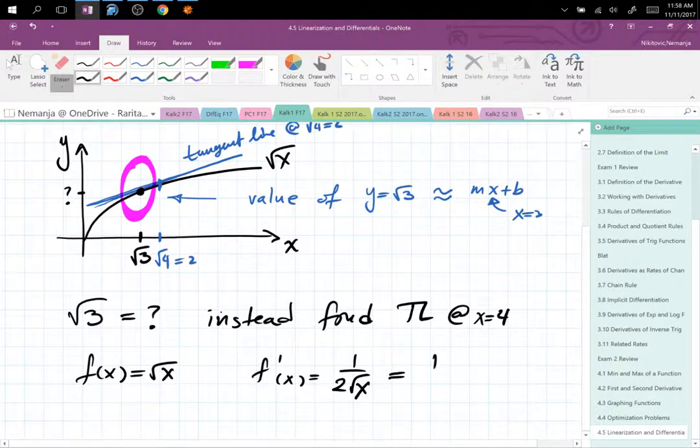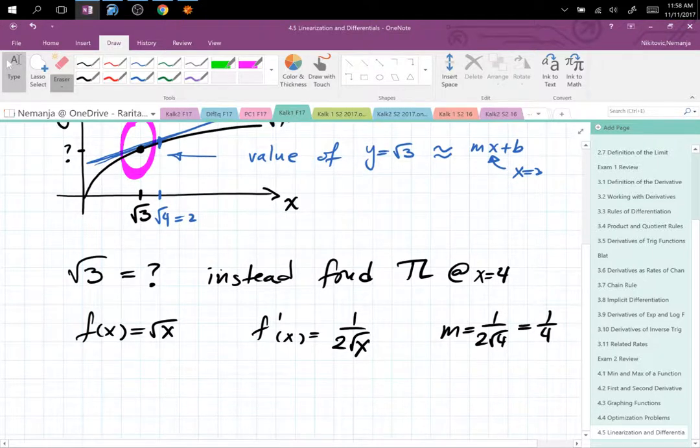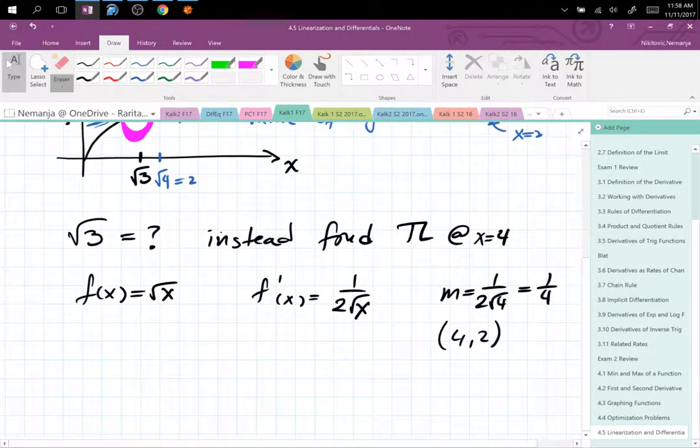And now we compute to find m, which is 1 over 2 root 4, which is 1/4. So I have the slope already. Now I have a point 4, 2. I have a slope. So y is 2, and y equals mx plus b.